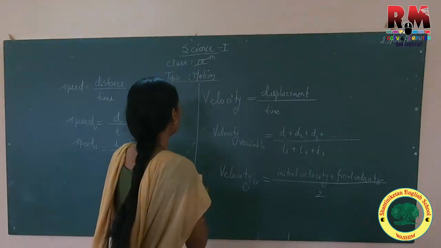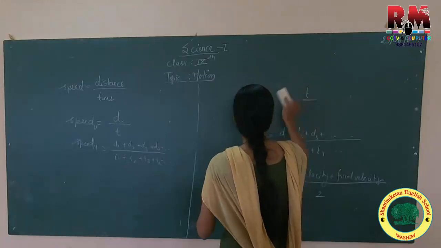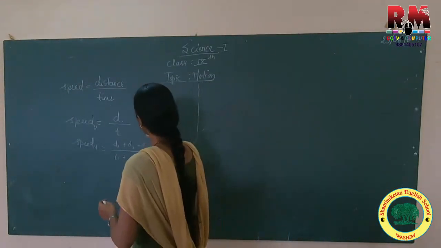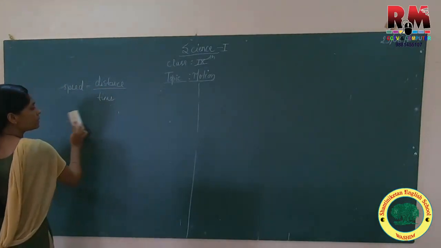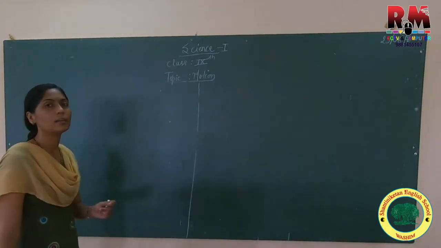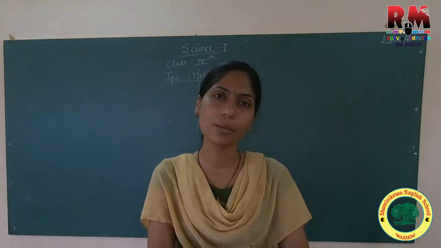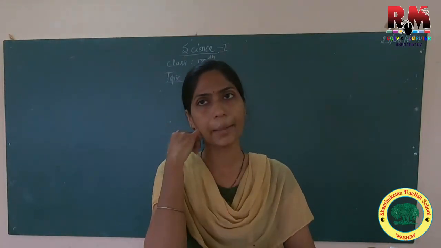Uniform velocity means equal displacement covered in equal interval of time, and non-uniform velocity means when unequal displacement is covered in equal interval of time.